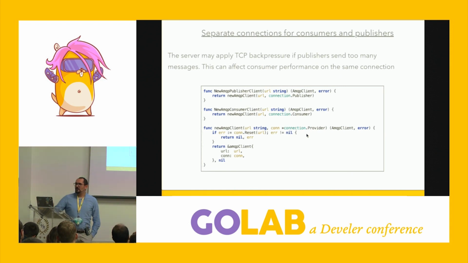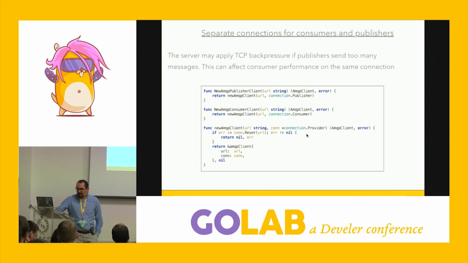So the first one is to separate connections for consumers and publishers. As I said, the AMQP protocol has this distinction between connection and channels, right? So you might be tempted to use the same connection and different channels for consumers and publishers alike in your application.